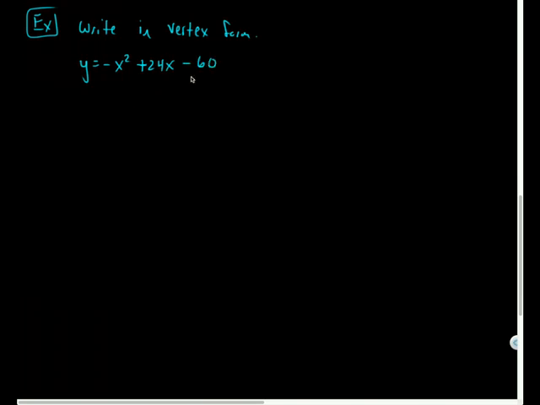So here's an equation in standard form. You guys could tell me a is negative 1, b is 24, c is negative 60. You could tell me it opens down, it's a regular shape. The y-intercept is negative 60. You could tell me all sorts of things, but let's actually write this in vertex form. So step 1: factor a out of the first 2 terms.